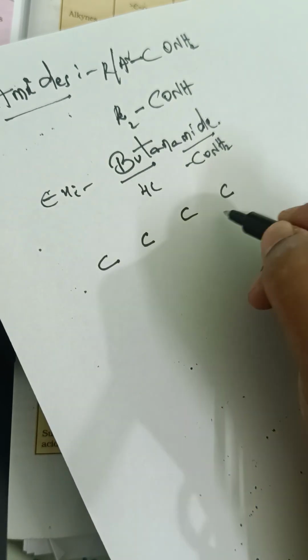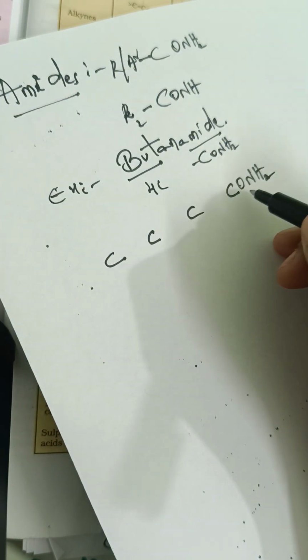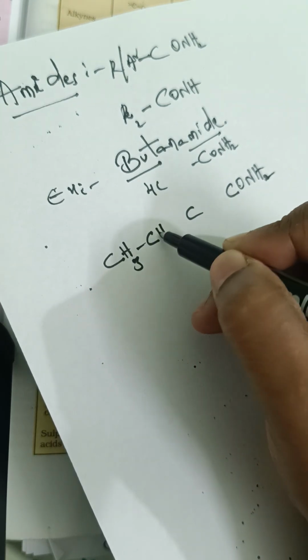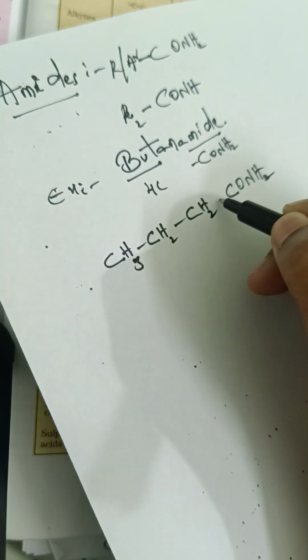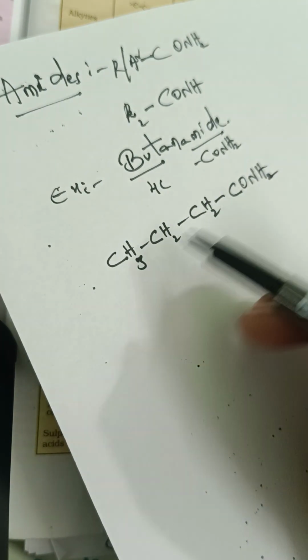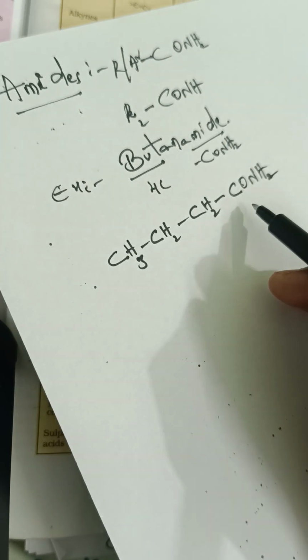Just like acids, where you take the COOH group in the chain itself, you take this group also in the chain. Now you balance with hydrogens: CH3, CH2, CH2, CONH2. Finish. So 1, 2, 3, 4 is buta, and then this is the amide group, so butanamide.